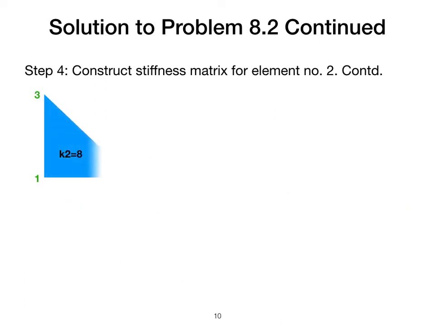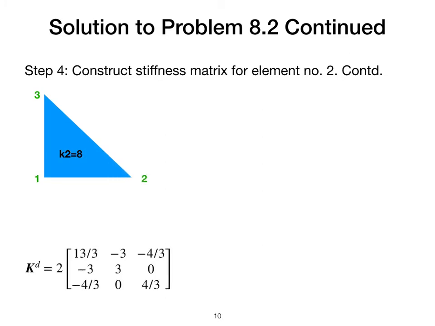Now the local numbers are as shown in the figure, 1, 2, 3 anti-clockwise, and the corresponding global numbers are as shown in black. So local node numbers 1, 2, 3 correspond to global node numbers 2, 3 and 4 respectively.